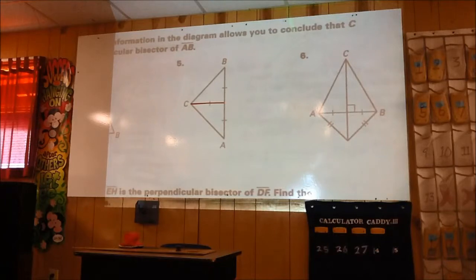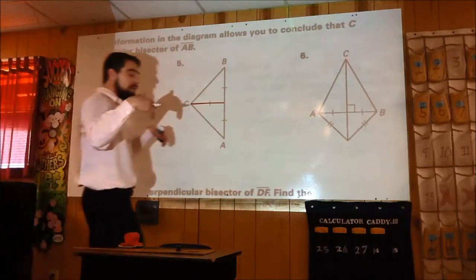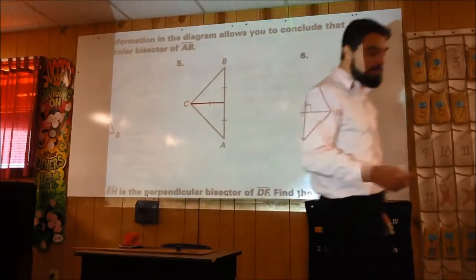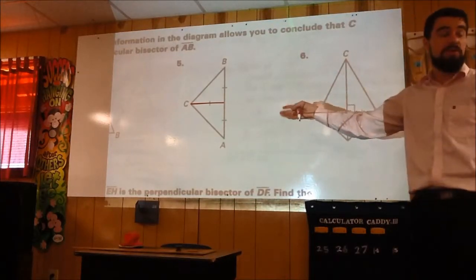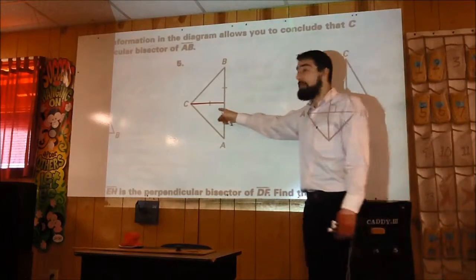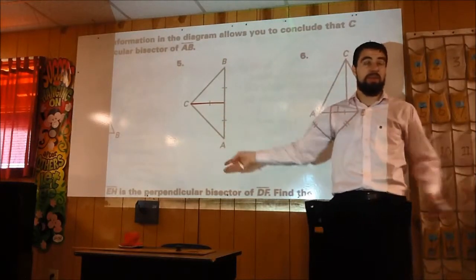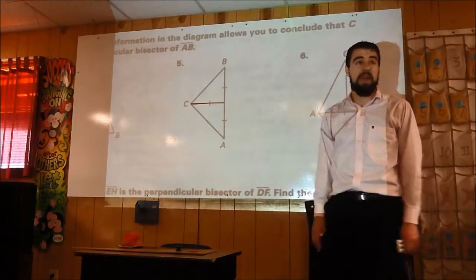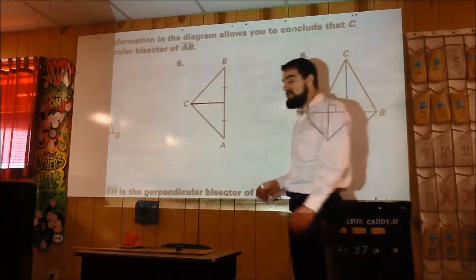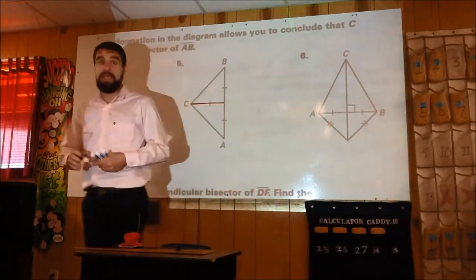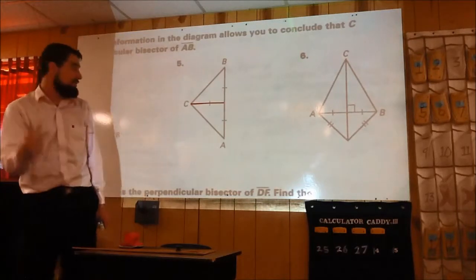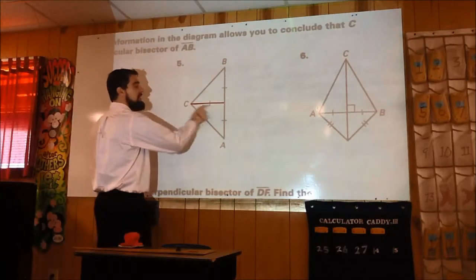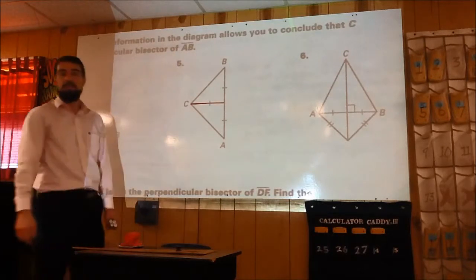But that's not the only way of proving a point is on the perpendicular bisector. Maybe you can just prove that this red segment is the perpendicular bisector. If we can do that, then obviously C is on it. Let's take it one at a time. In order to be a perpendicular bisector, it's got to be perpendicular and it's got to bisect. Does this segment that has point C on it bisect?